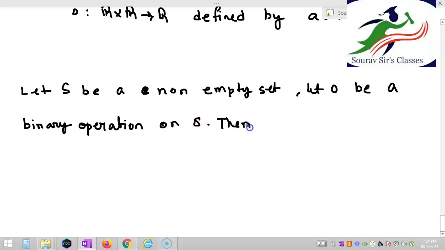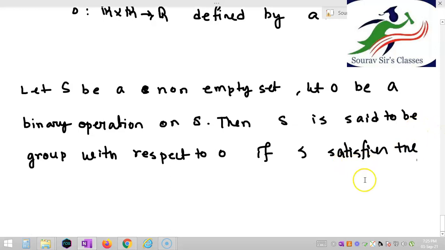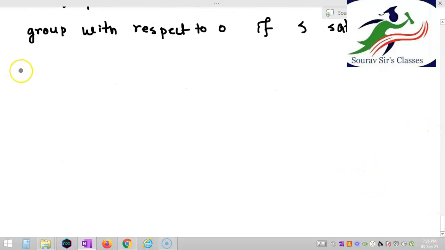Then S is said to be a group with respect to this composition if S satisfies the following.